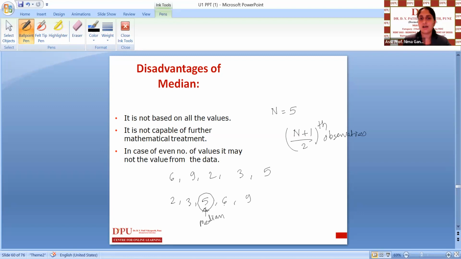We have arranged the data in increasing order. N plus 1 means 5 plus 1 divided by 2, that is 6 by 2, the 3rd observation. This is the 1st, 2nd, and this is the 3rd one. So this is how we calculate the median in case of an odd number of observations.